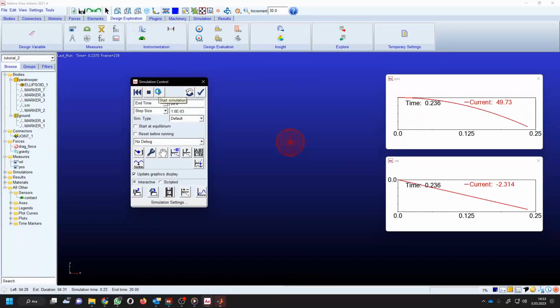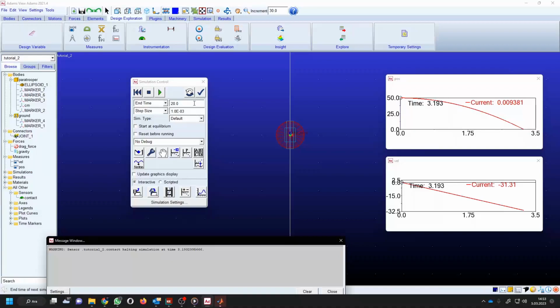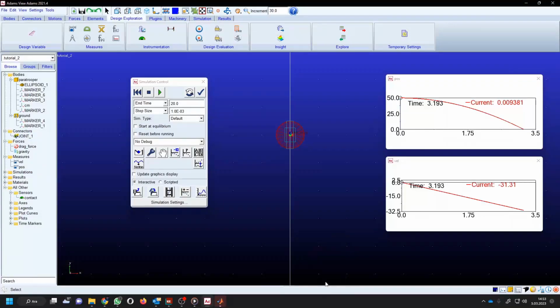It's taking a long time because update graphics display is selected, so I will stop the simulation, untick this option, and if I run the simulation, it ends at time 3.19 seconds.